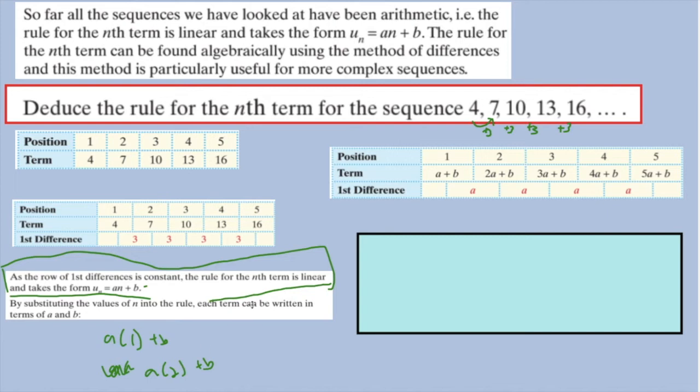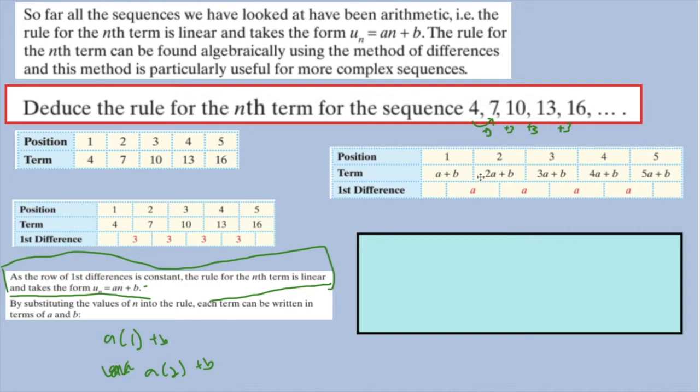As I did that, we see a, 2a, 3a, 4a, and 5a. That's just 2 times a, 3 times a, 4 times a, 5 times a. This b is not changing. Notice that, the b doesn't change. It's b every time. The last variable doesn't change here.